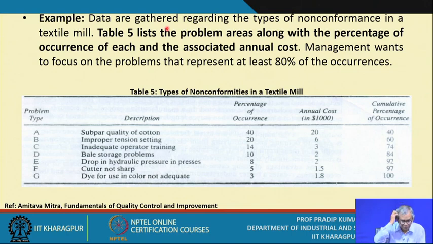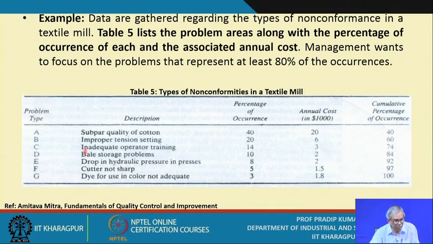Here is an example. Let me go through this example, and all the steps will be made very, very clear. The data are gathered regarding the types of non-conformance in a textile mill. Table 5 lists the problem areas along with the percentage of occurrence of each and the associated annual cost.